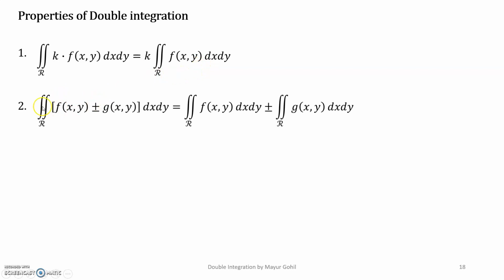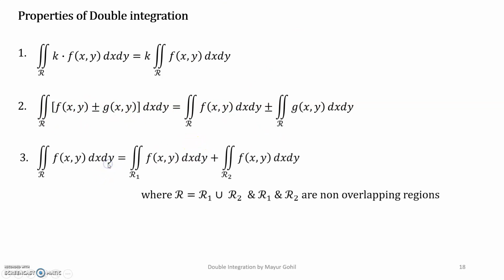Another case is that when you have the addition or subtraction of two functions, the double integration will split up over the addition or the subtraction. It gets distributed, right? This is what we have done again at the basic level.